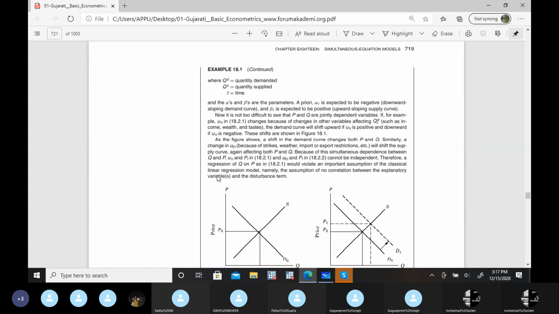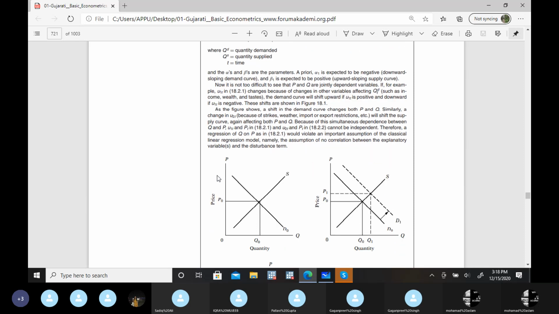So it's not easy to guess only from this quantity and price data whether it's a demand function. It means we need some extra information. For example, in this particular case, it is shifting upward. Why is it shifting upward?